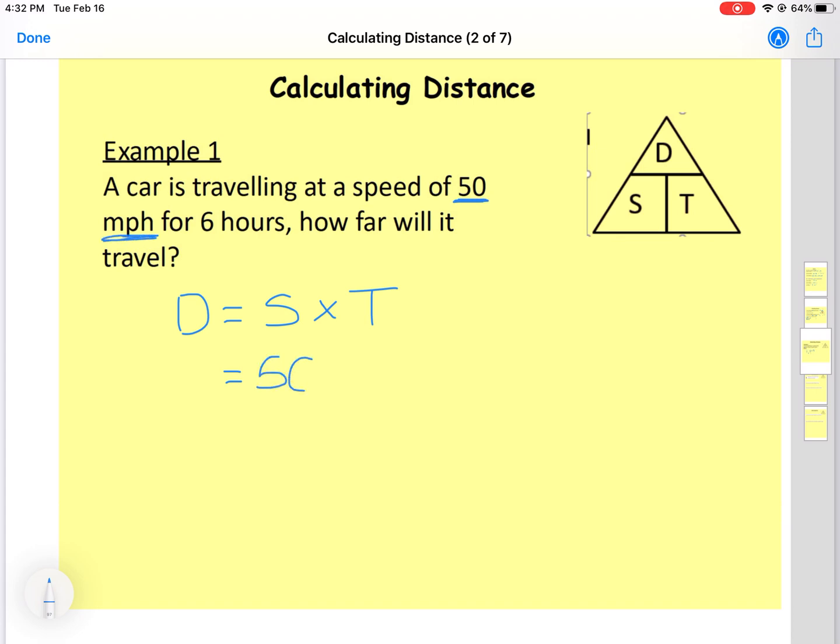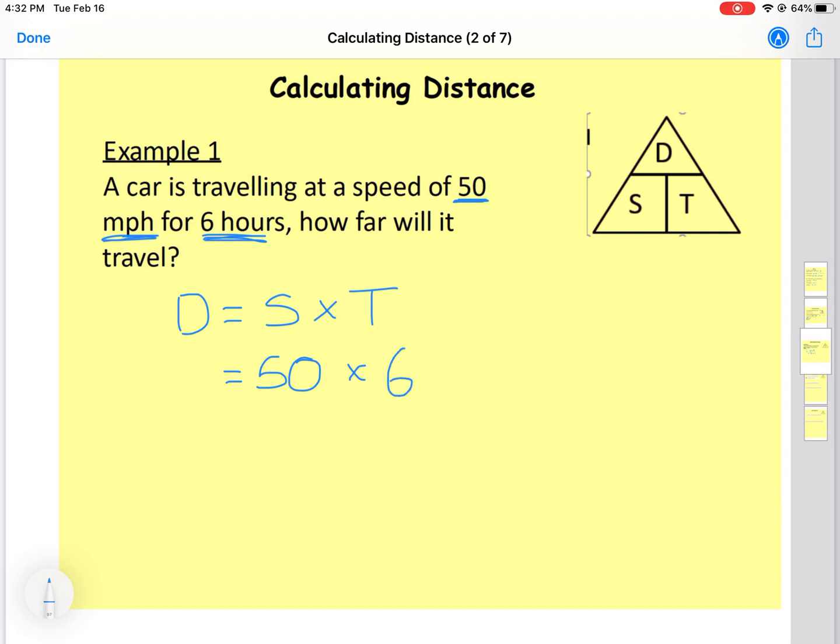Now think of this as being in a context. They go 50 miles every hour. So after 1 hour it's 50 miles. After 2 hours it's 100 miles. 3 hours it's another 50, 4 hours another 50, and so on. So the fact that we're multiplying these two quantities together makes sense within the context of the question.